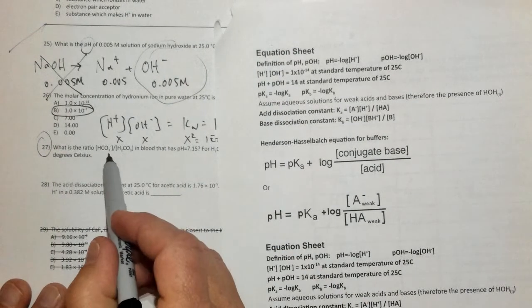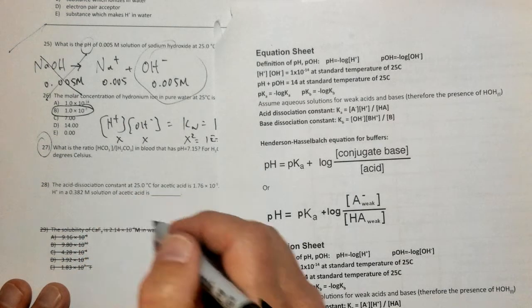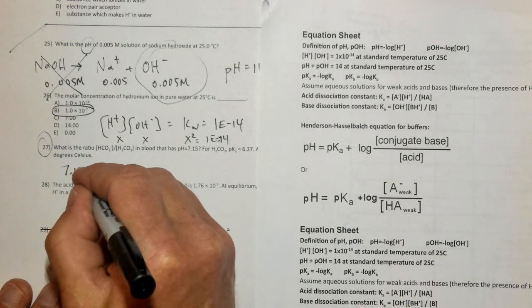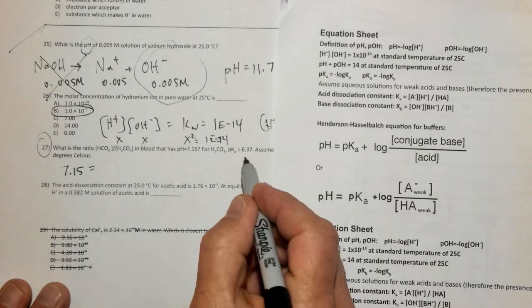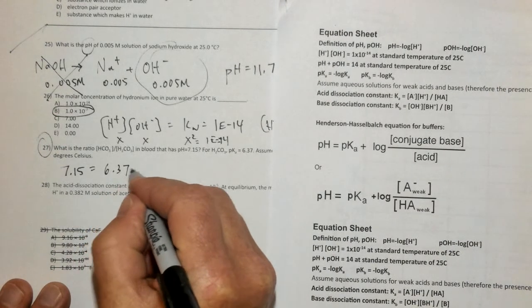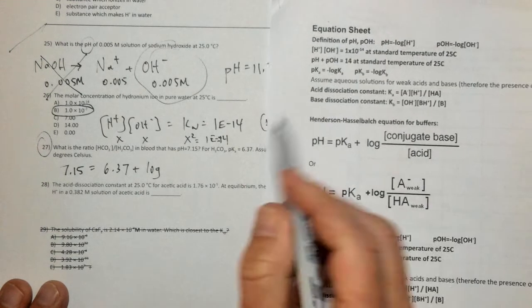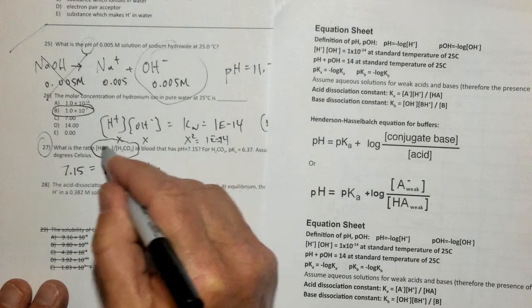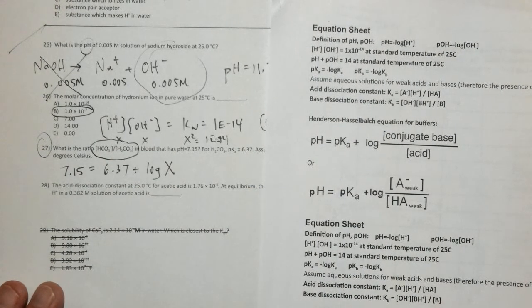And you can tell this is a buffer solution because it's got a weak acid and its conjugate base right here. And so it says the pH is 7.15, and then it tells us the pKa is 6.37 plus the log of the base over the acid. And so what we're looking for then is this ratio of base over acid. So we'll call that X because that's what you usually solve for in math class.